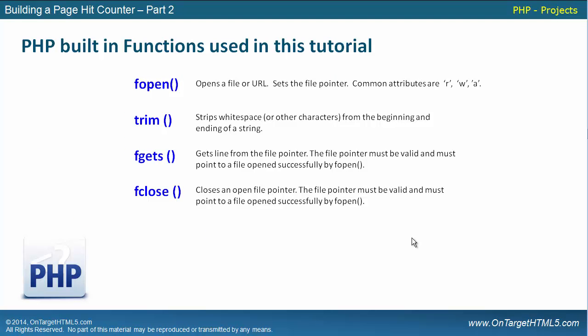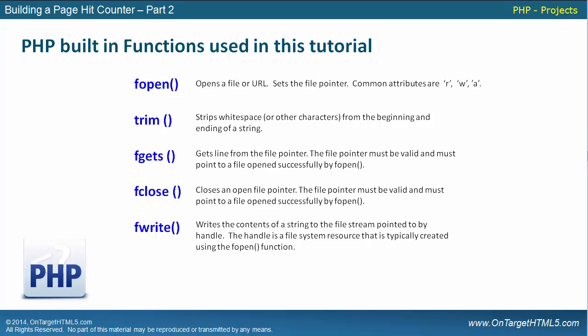All right. So we've talked about the built-in functions that we used in PHP for this particular tutorial. The next thing we're going to do, let's talk about this fwrite. The fwrite function writes the contents of a string to the file stream pointed to by the handle. The handle is a file system resource that's typically created using the fopen function.